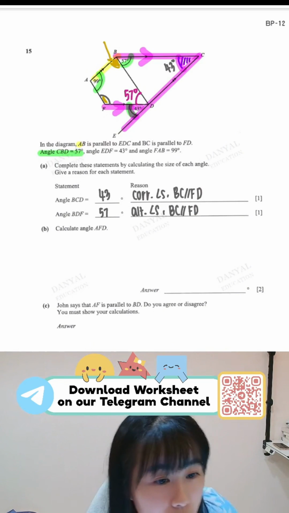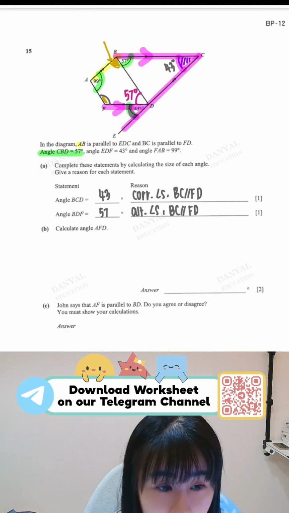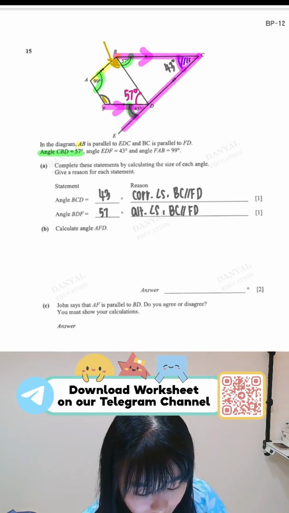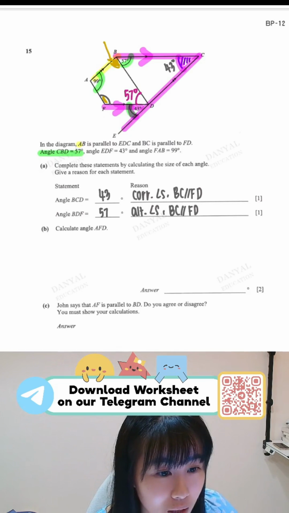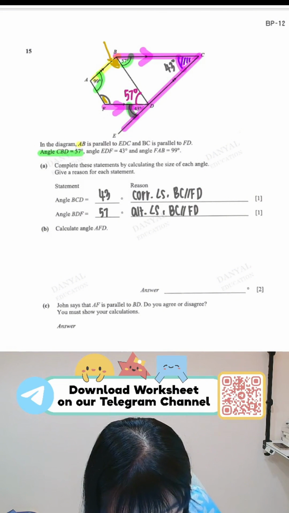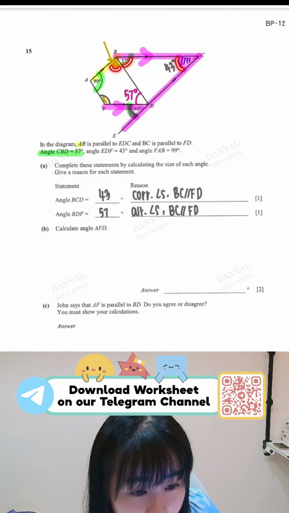Oh, let me see. What do y'all put? 180 minus 57 minus 43. Can you let me know why you say that? Can you tell me the reasoning? I think I get your reasoning though. Ian? You are using 180 minus this, right? Then you find this, right?